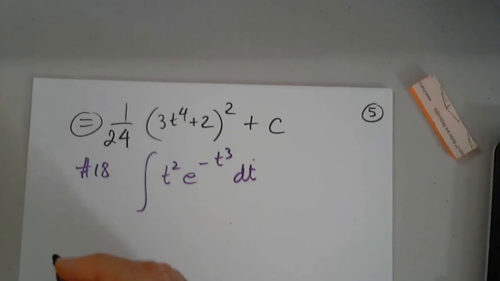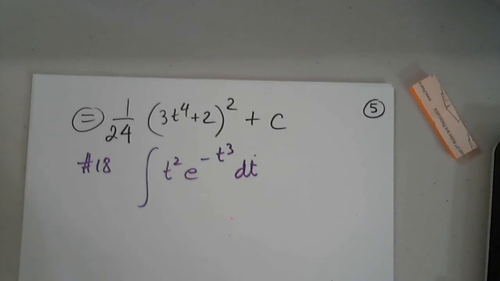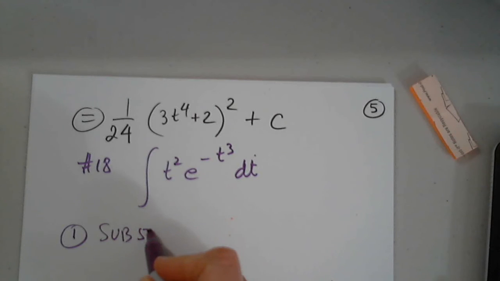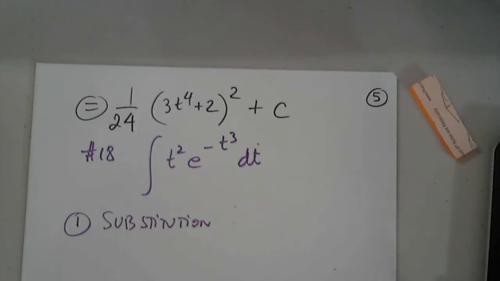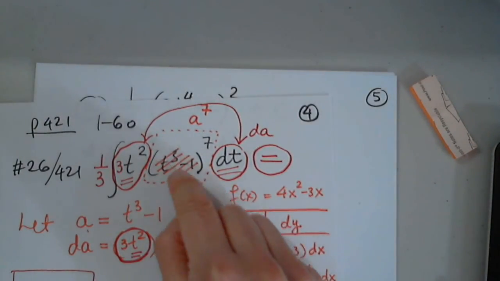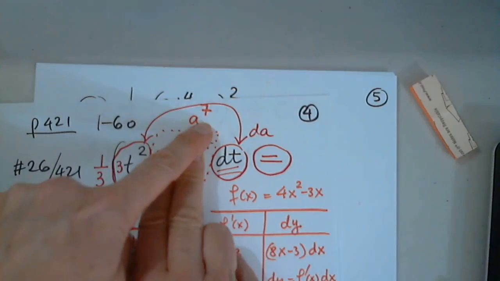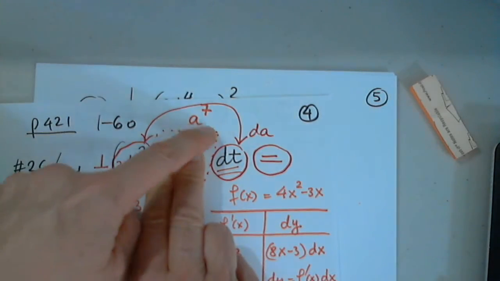Perfect pick. Okay, so this is step number 1, we have to choose a substitution. What do you think the substitution should be? Something like a function inside a function. So that's the idea. This is a function inside power 7. I don't want to have a function inside power 7.